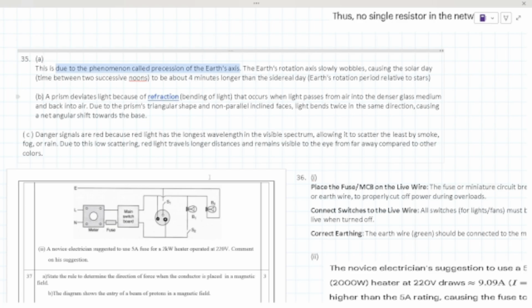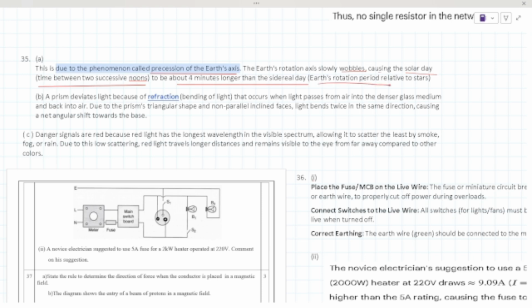That's very good. So see here, due to the phenomenon of Earth's axis, the Earth's rotation causes the solar day to be about 4 minutes longer than the Earth's rotation relative to the stars.